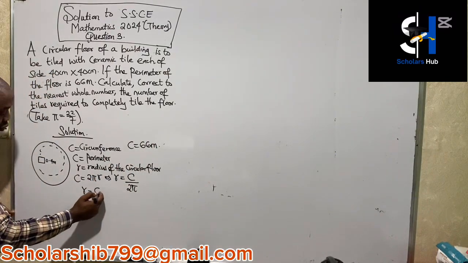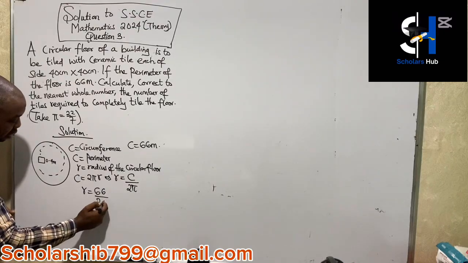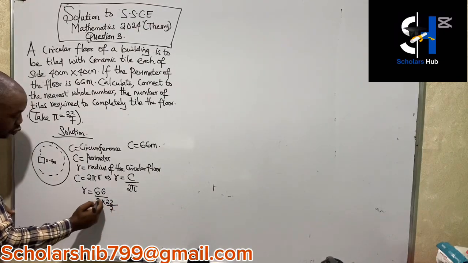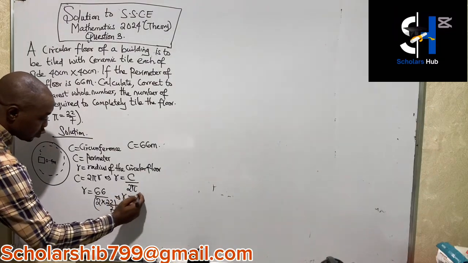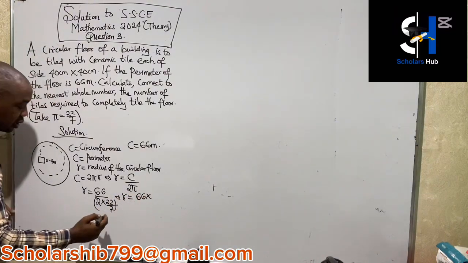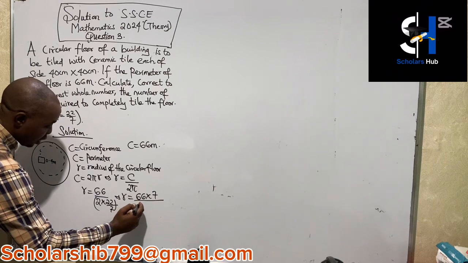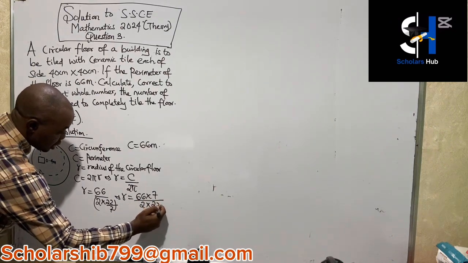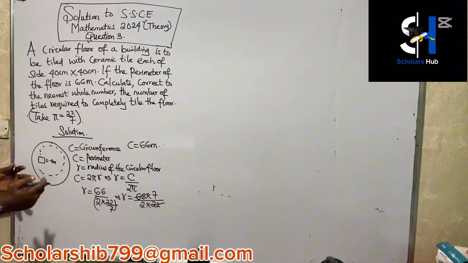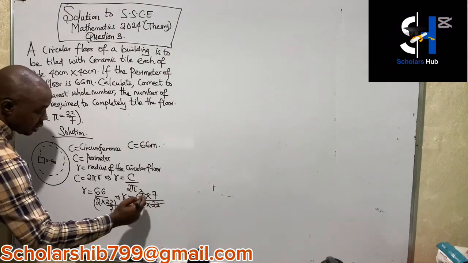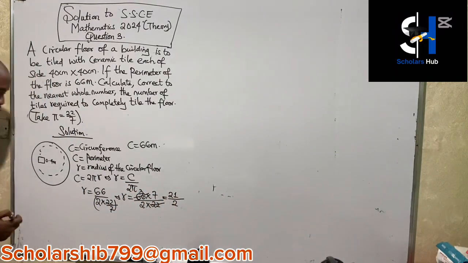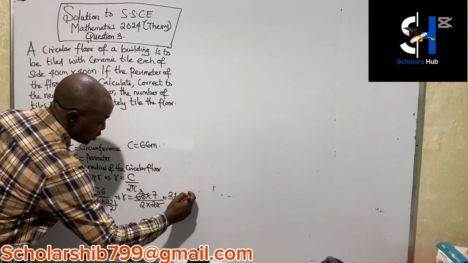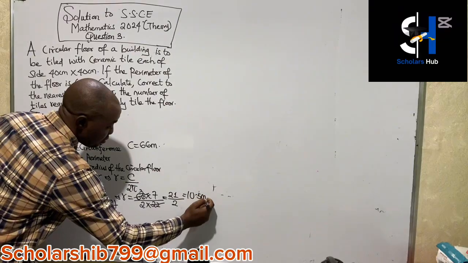So the radius will be 66 divided by 2 times 22 over 7. This will be R equals 66 multiplied by 7 over 2 times 22. So 66 divided by 22 will be 3, and then this will be 21 over 2. So the radius is going to be 10.5 meters.